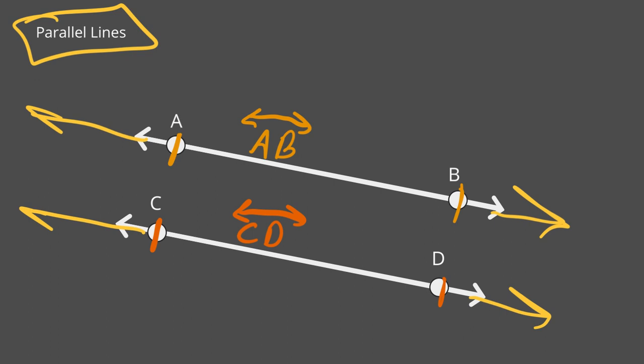And if you want to write that line AB is parallel to line CD, you write AB with the double arrow is parallel, so you make two railroad tracks, to line CD.